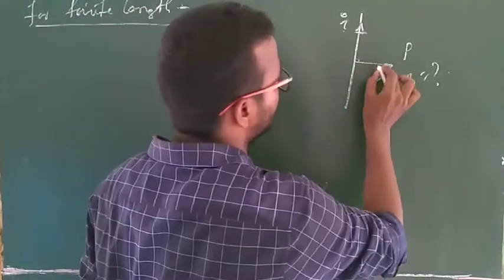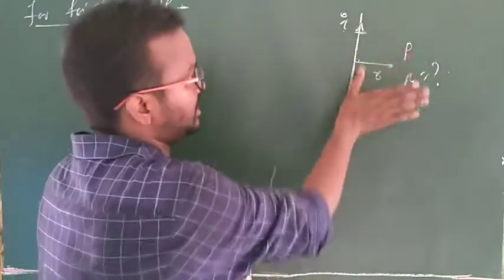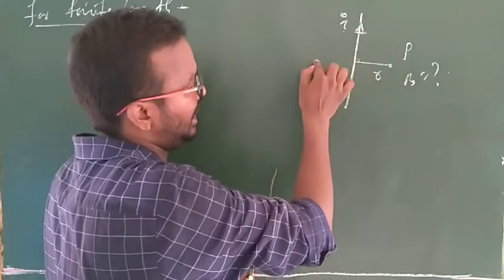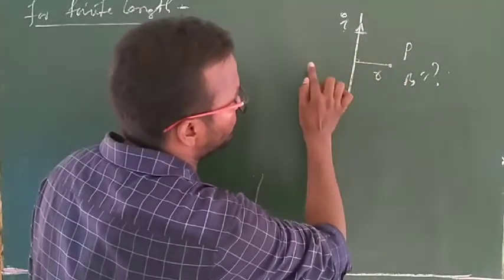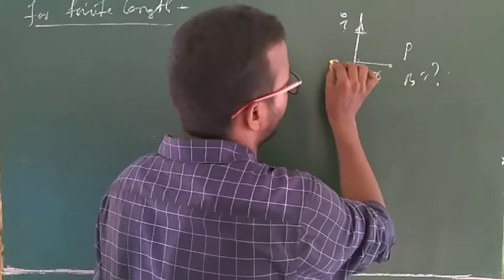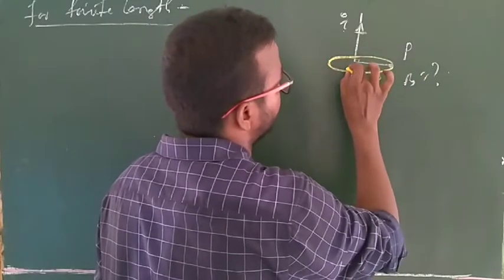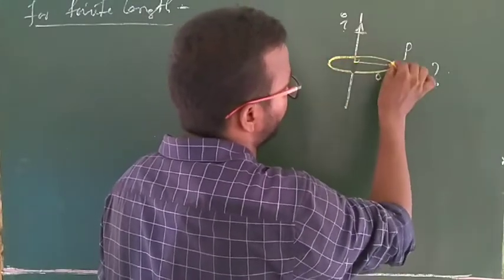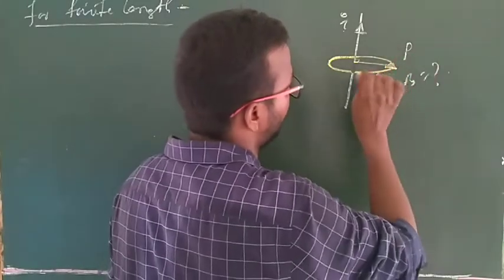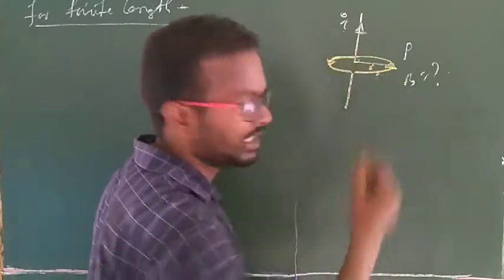So this is the direction of magnetic field: at this point the magnetic field is in the inward direction, this distance is r, and at this point the magnetic field is in the outward direction.